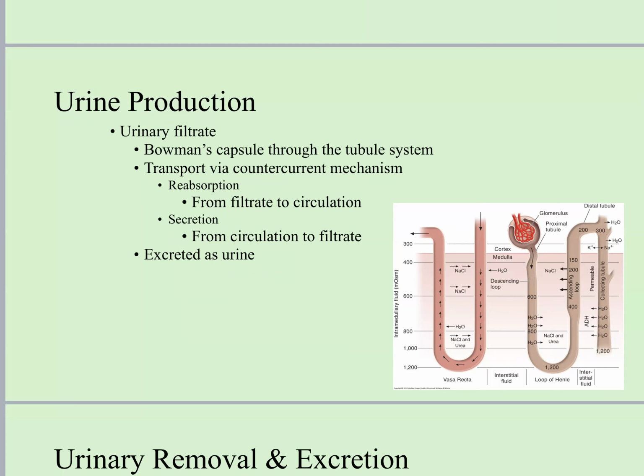And then we have antidiuretic hormone, which increases the reabsorption of water in the collecting ducts. The collecting ducts are where water is reabsorbed. And then the final urine that's produced goes through the renal papilla to the calyces, to the renal pelvis, the ureter, the bladder, then the urethra.